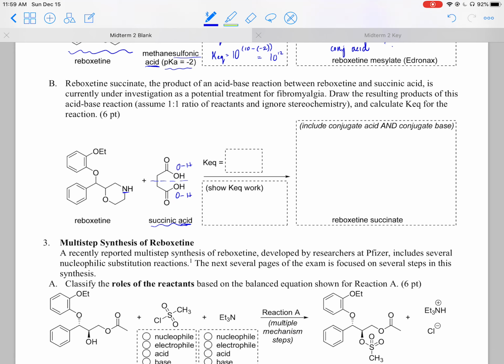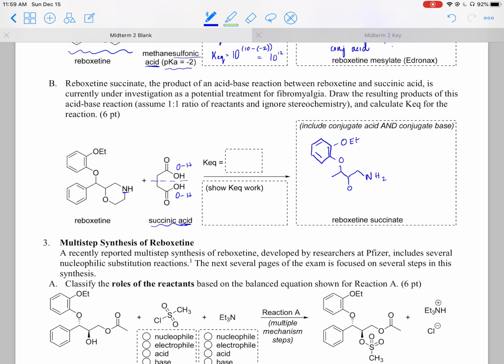We're going to give it an extra hydrogen at that nitrogen site. We've got the benzene here. Got the OEt. Oxygen. Nitrogen.